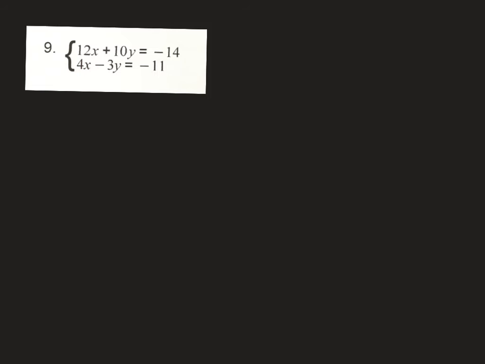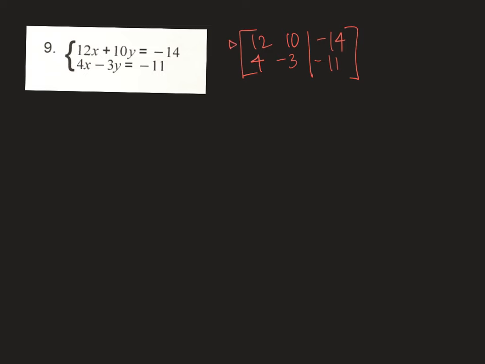So I'm going to write my augmented matrix first. Now, when I look at this, I notice that in my first row, my x value is 12. In my second row, it's 4. I don't like it when I have a bigger number in the first row than in the second row.